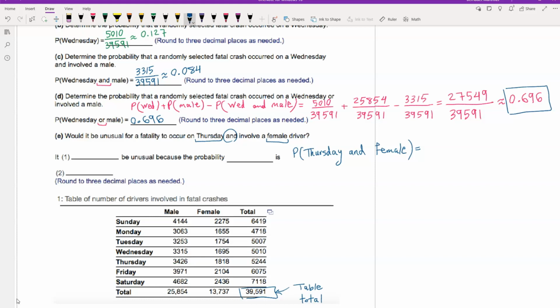Here we have and. We should see what we have in common between these two events. So this is Thursday. Here is female. So what we have in common between these two events is this part. We have 1,818, this number, divided by table total is the answer for probability of Thursday and female.